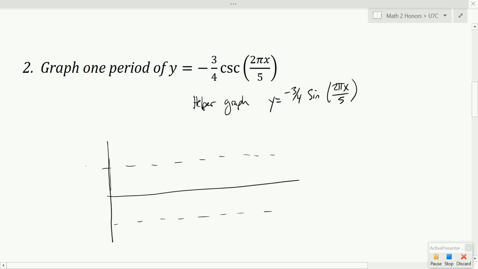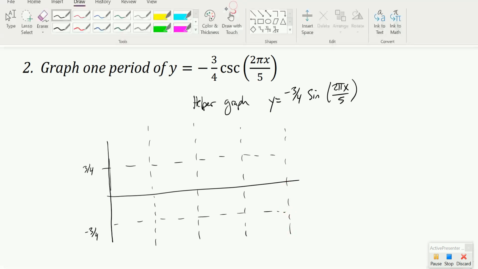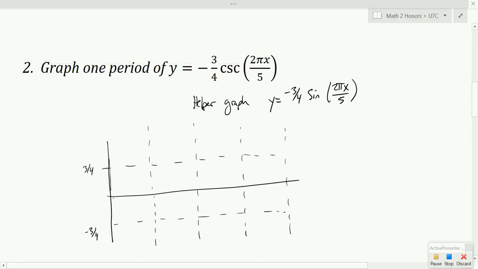Work with the amplitude first, max at 3/4, min at -3/4. Divide into 4 equal sections on my x-axis. And it's a negative sine curve. So start at 0, 0 and drop down to its min. Start that process.